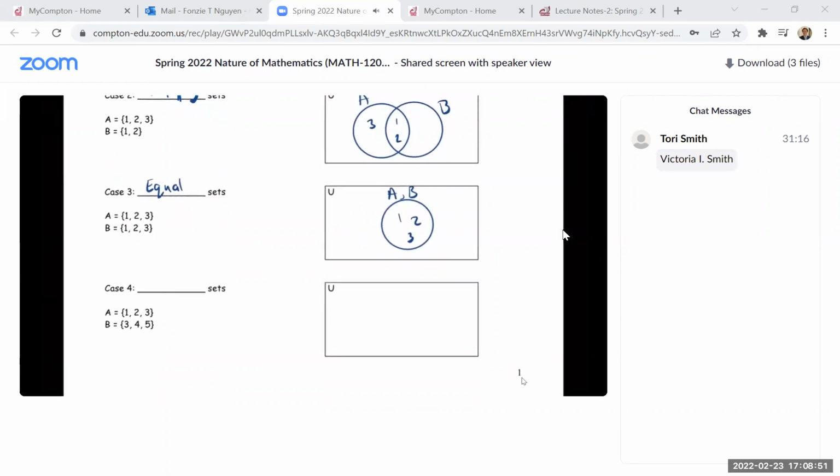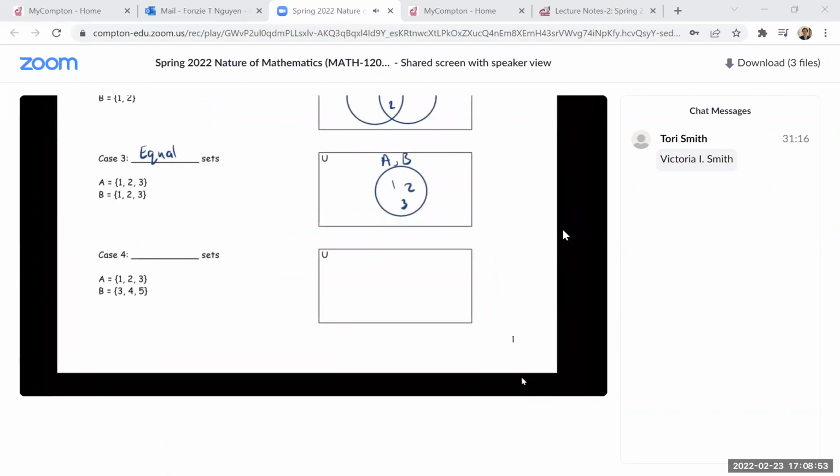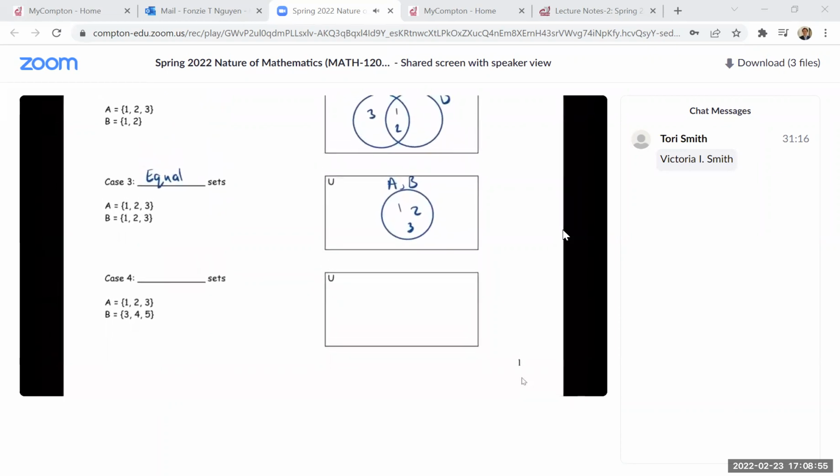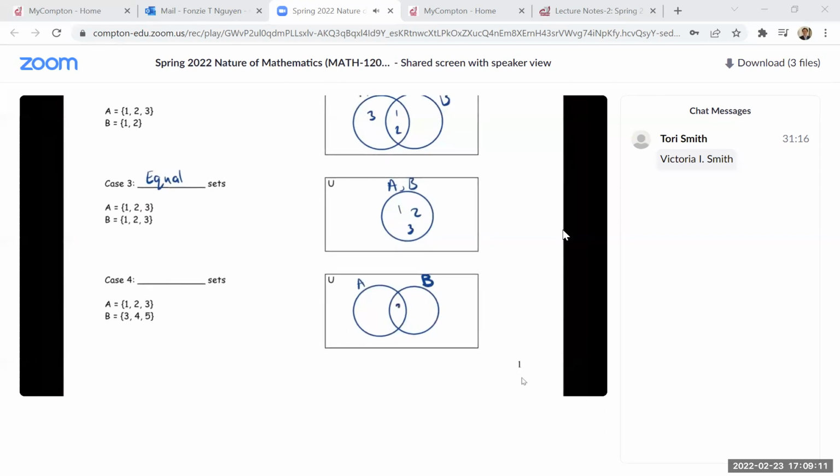And then the final case. Is there any overlap? Yes, they have one element, the 3. So where should I put the 3? In the middle.